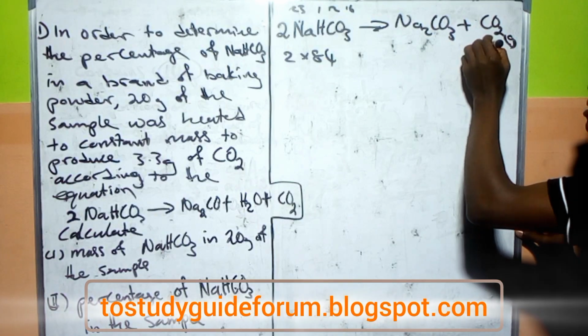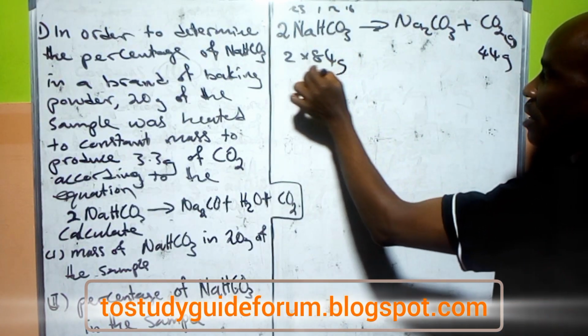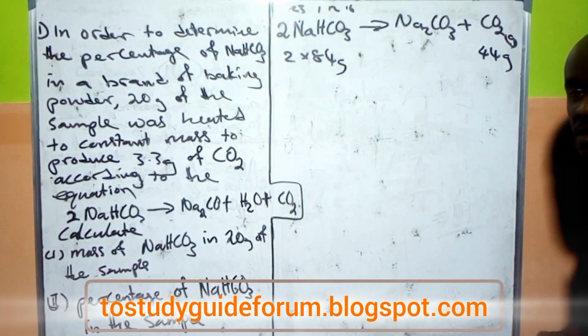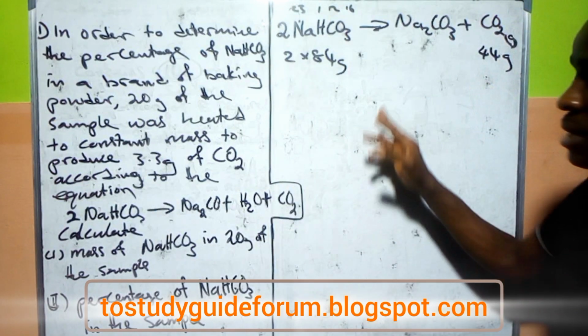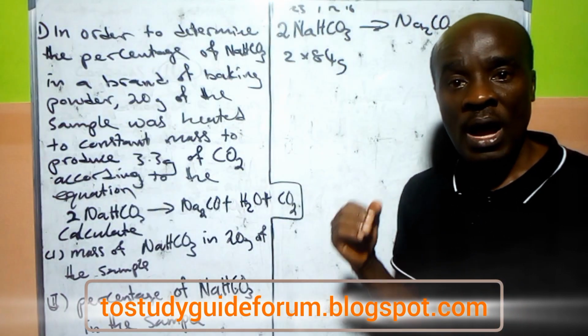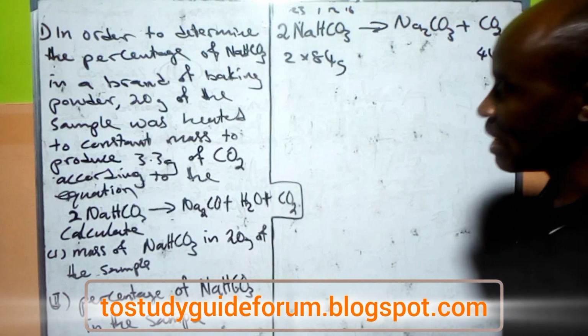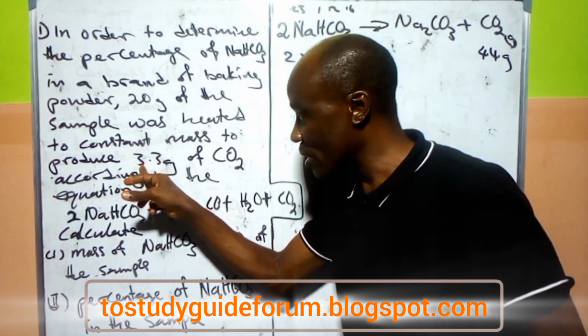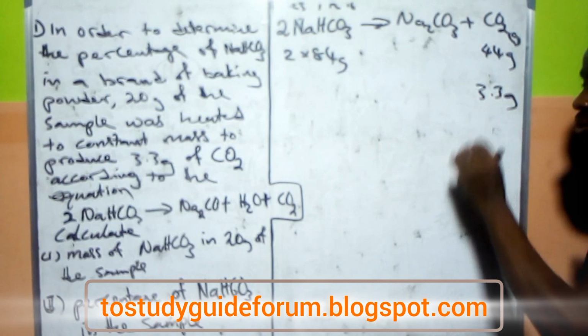The mass of this is 44, so we can say 44 grams. Here we have 2 times 84 grams of sodium hydrogen trioxocarbonate IV. In this reaction, the reaction will produce 3.3 grams. So how do we do this?